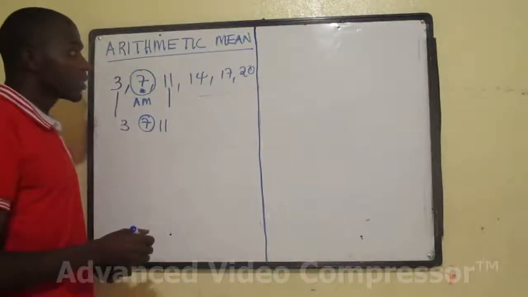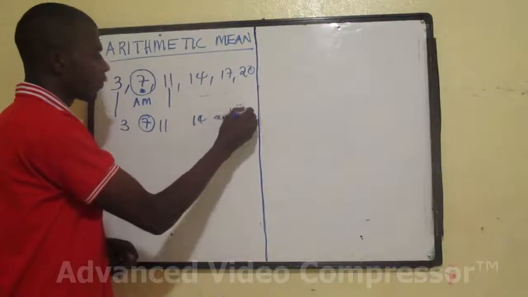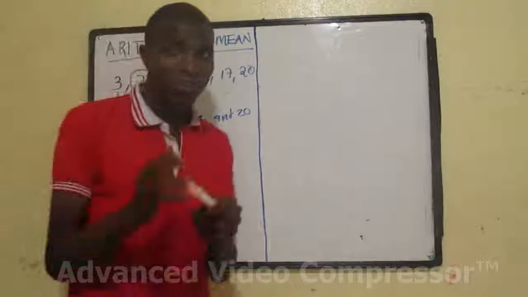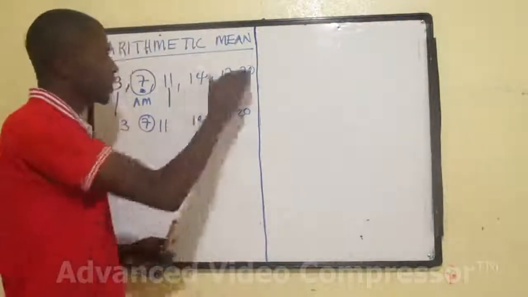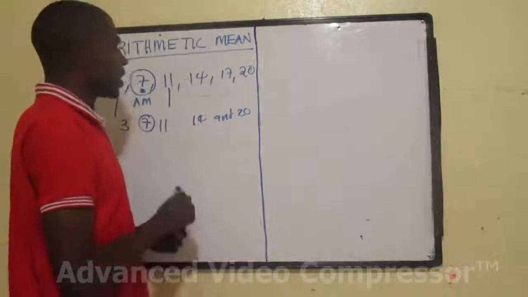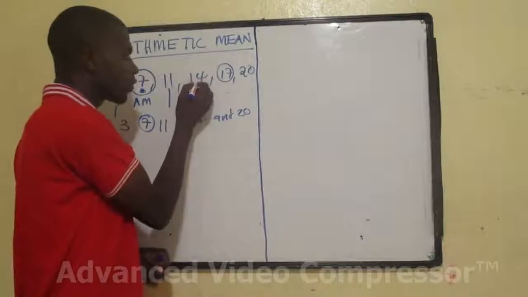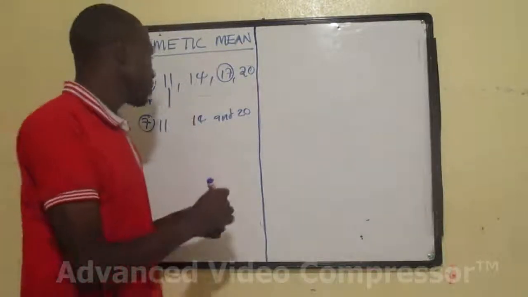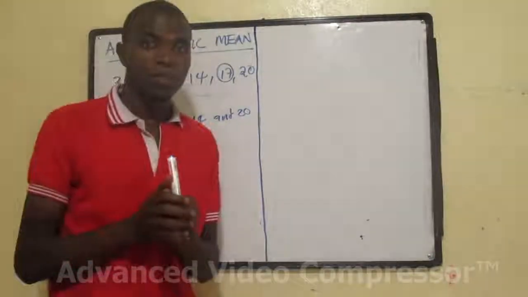What is the arithmetic mean for 14 and 20 in this sequence? The arithmetic mean for 14 and 20 is 17, because 17 lies in between 14 and 20. What is the arithmetic mean for 11 and 17?